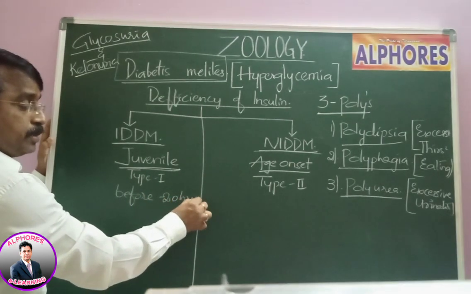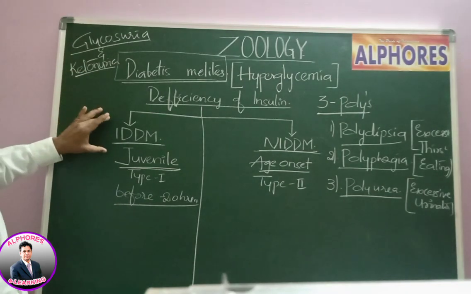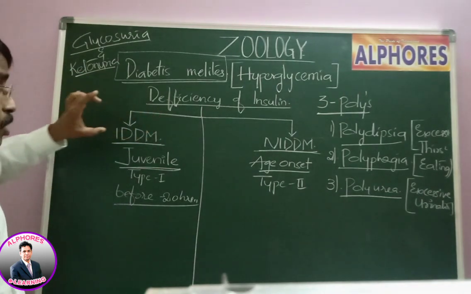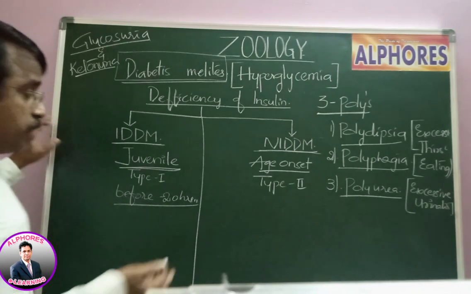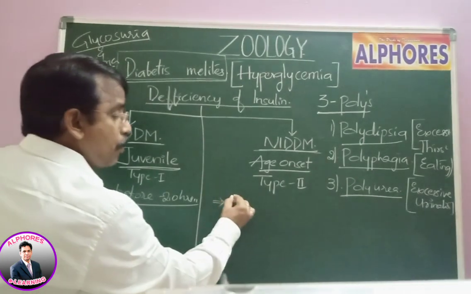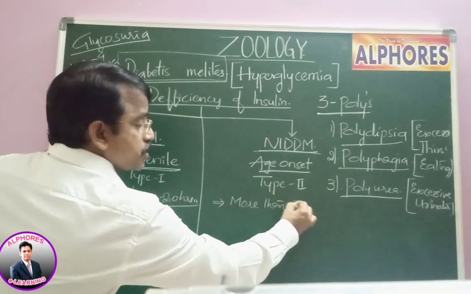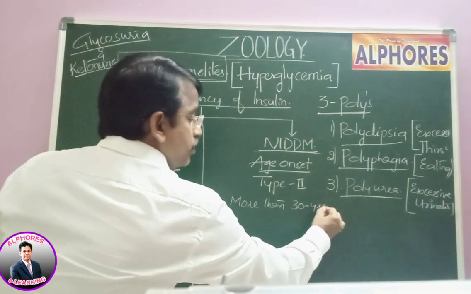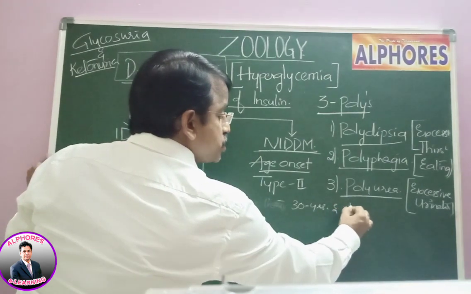The individual who gets insulin dependent diabetes mellitus before 20 years is what we call juvenile, or else type 1. And here it takes place in more aged individuals, that is 30 years and above.